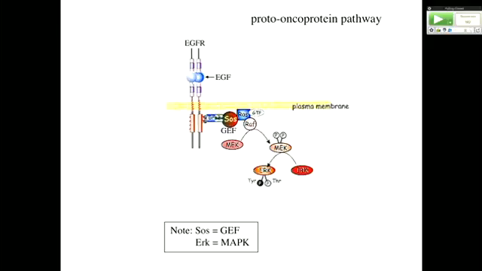The adapter protein complexed with GEF can now come to the membrane, binding to the phosphotyrosine and activating RAS. RAS would then activate the RAF kinase, which then phosphorylates and activates MEK, which phosphorylates and activates ERK.